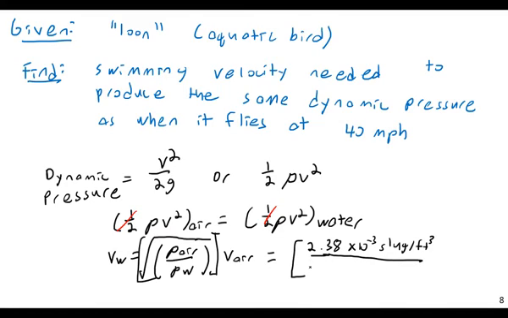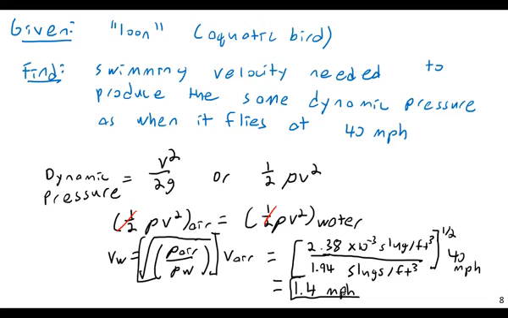Divided by 1.94 slugs per cubic foot for the water. This to the 1/2 power times 40 miles per hour. And this in turn will then equal, if you run through the math, 1.4 miles per hour.